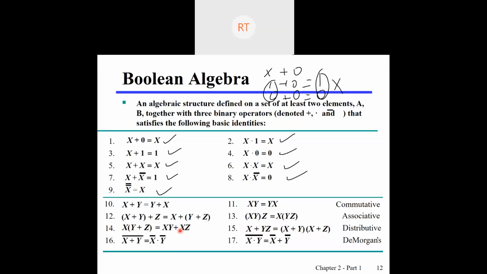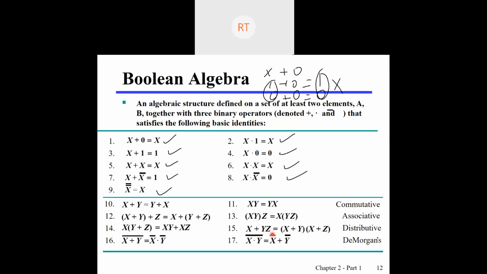Can you please repeat 15? Again, okay. So you have x plus yz. So I have here three variables. Do you see them? X, y, and z, right? If I have x plus yz, I can do first plus second times first plus the third.